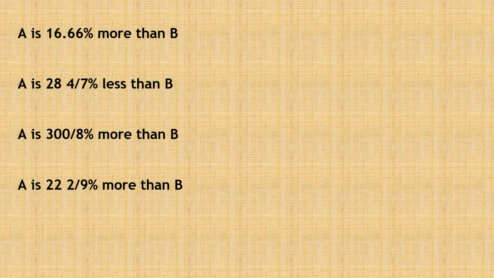A is 16.66% more than B. What I have said, 16.66% denotes 1 by 6, or 16 2 by 3% is 1 by 6. A is to B is equal to, A is 1 by 6 more than B, that means B denotes 6, and A is plus 1 on 6, that is 7.